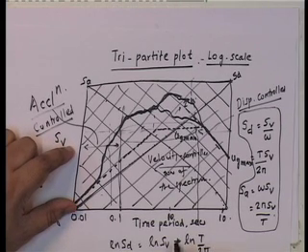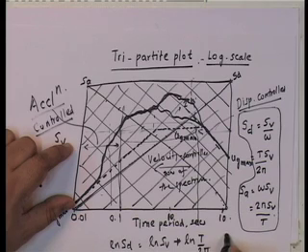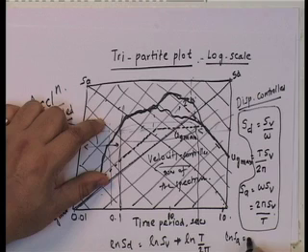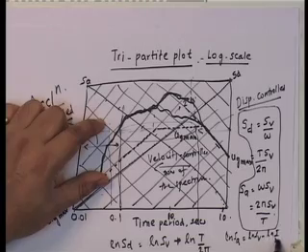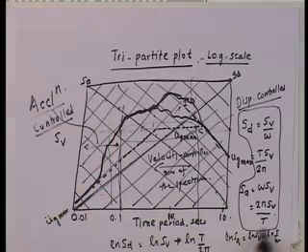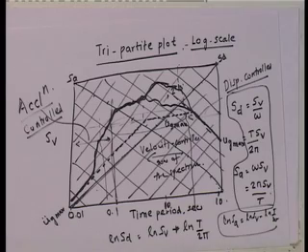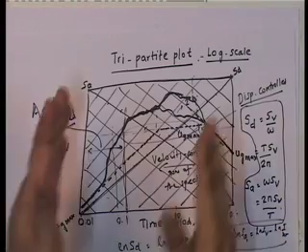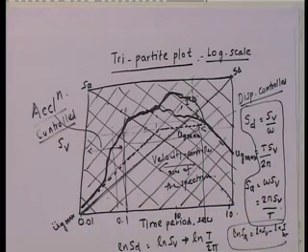And here ln of SA is equal to ln of SV minus ln of t upon 2 pi, which is why it is along this direction. Okay. So, the tripartite plot is a log scale graph. This is very important to remember that all the scales are in log scale, okay.